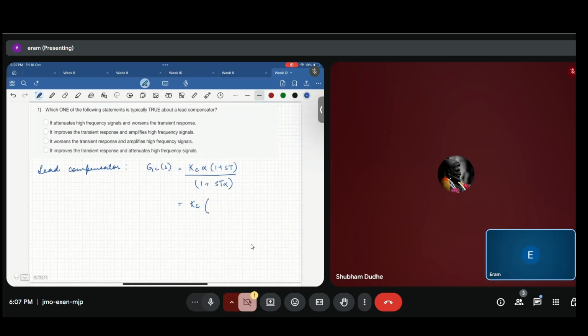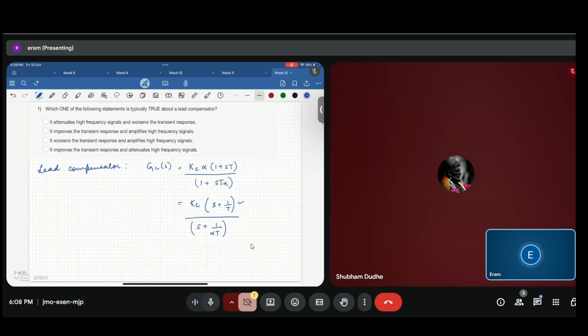So this will be s plus 1 by T. And from here we can identify that there is a zero at location minus 1 by T, and there is a pole at location minus 1 by alpha T.